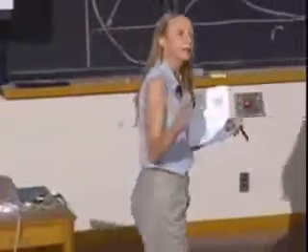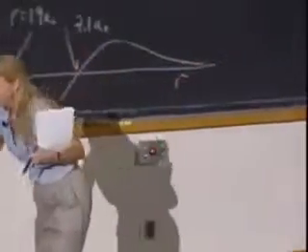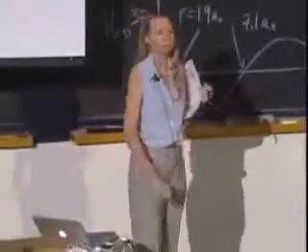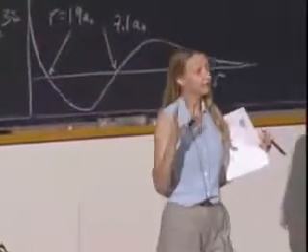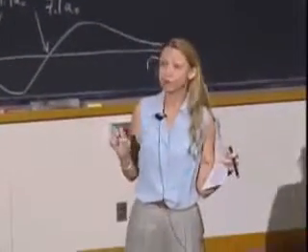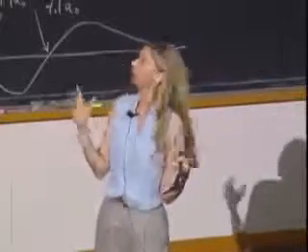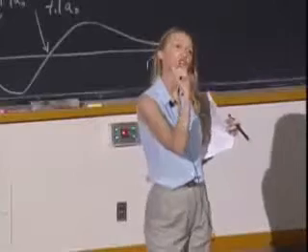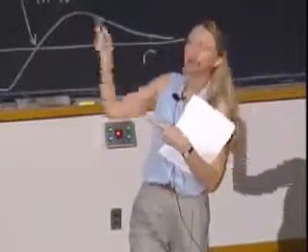The radial probability distribution is the probability of finding an electron in a spherical shell. That spherical shell will be some distance r away from the nucleus, so it will have a radius r, and it will have a thickness that we're going to call dr.